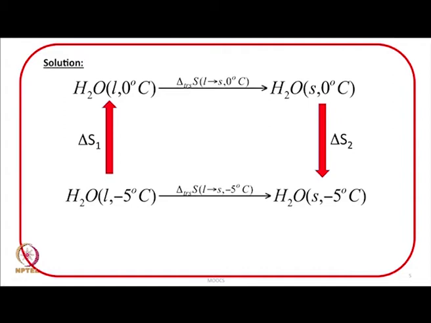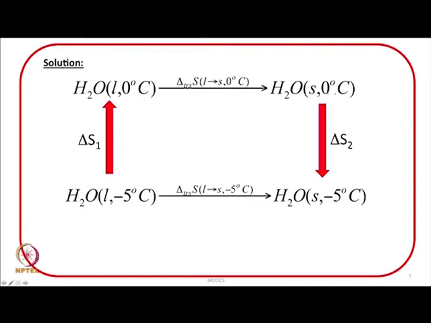Alternatively, we can devise another path. Path 1: water in the liquid state at minus 5 degrees Celsius is taken to 0 degrees Celsius, and the corresponding change in entropy is delta S1.